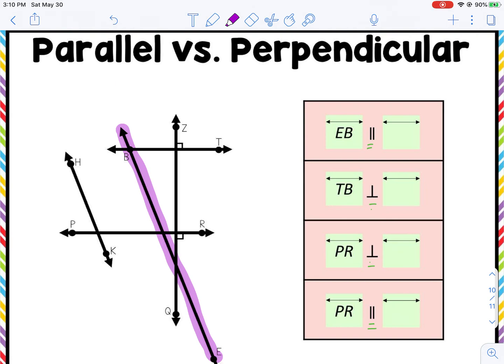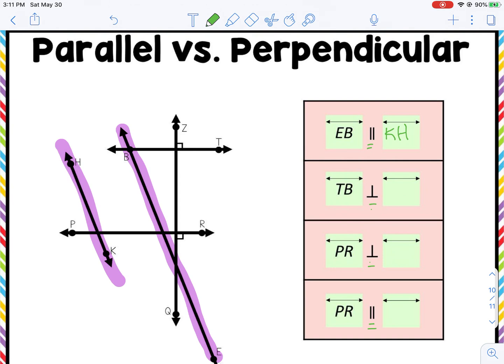So we're looking for what line is parallel, going in the same direction, to EB. Well, this one right here is parallel. So there we could write EB is parallel to KH.